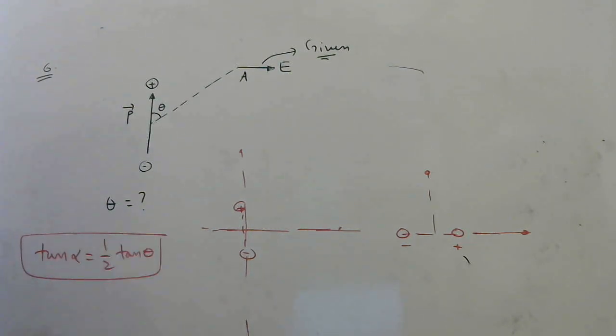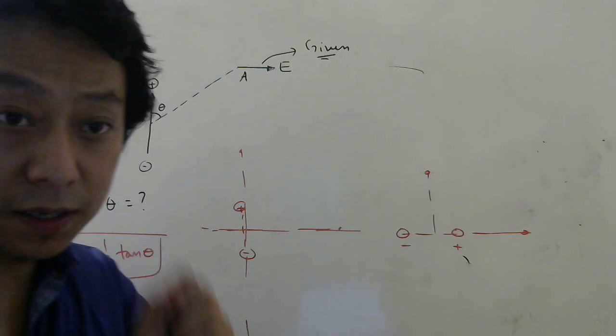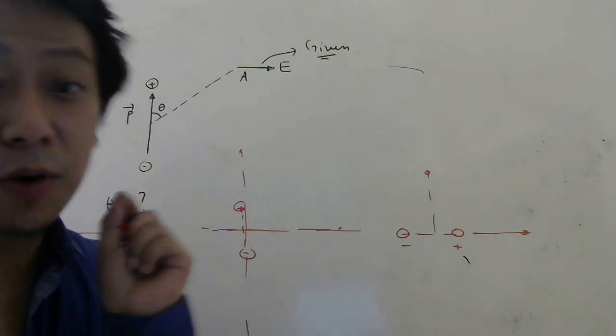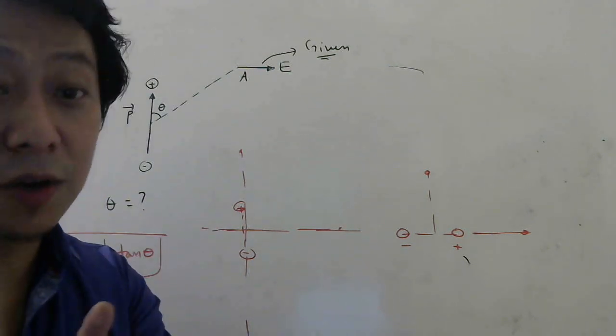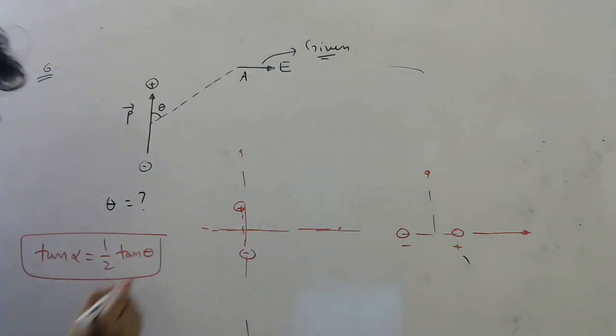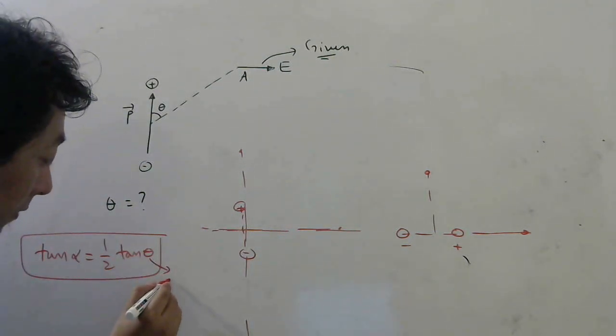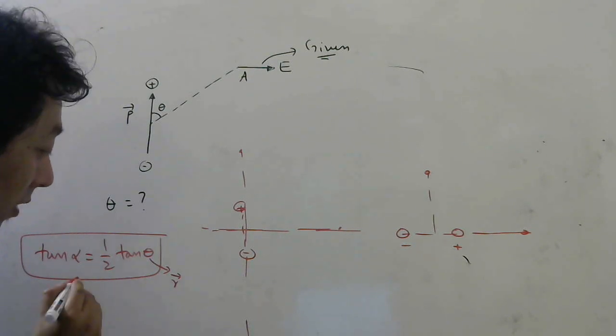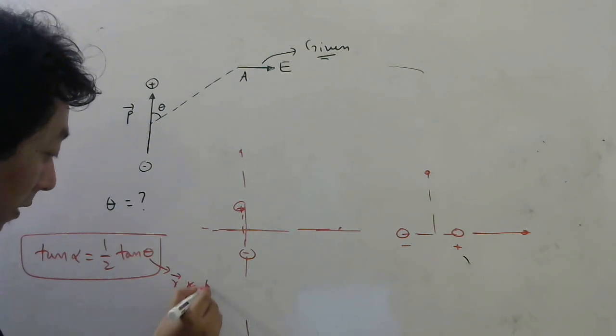This relation I have derived. Please check under which topic this was: electric field at general point due to dipole. General point, not axial, not equatorial. Now, what was alpha and theta?